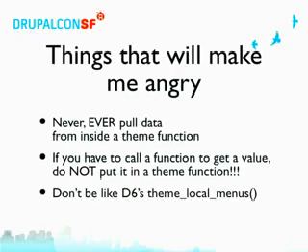And this is extremely important, because otherwise I will get mad at you. Never, ever, ever pull data from inside a theme function. If you have to call a function in order to get a value, don't put it inside your theme function. Don't be like D6's theme local menus.